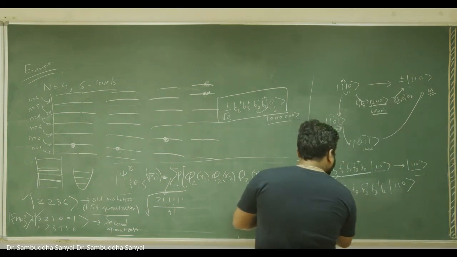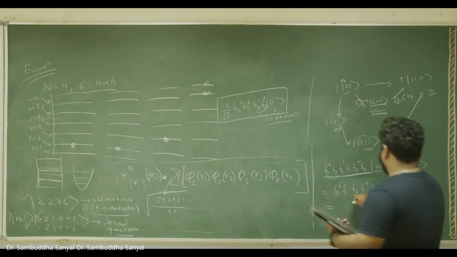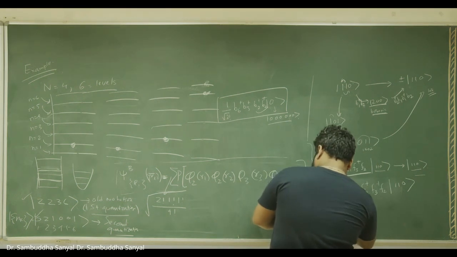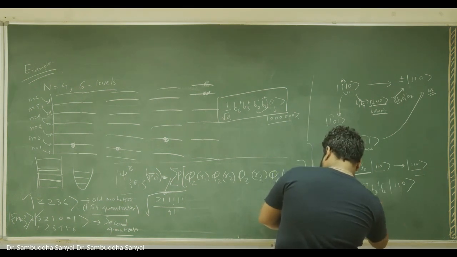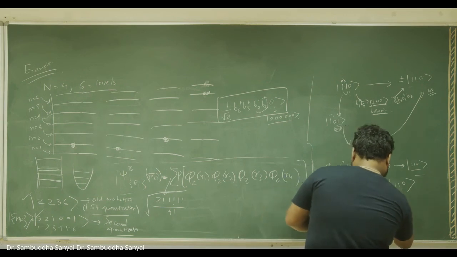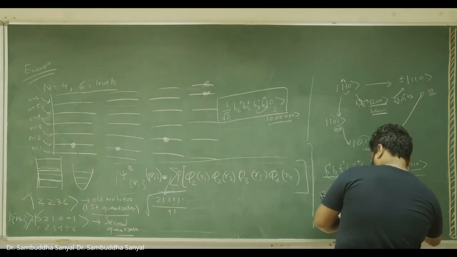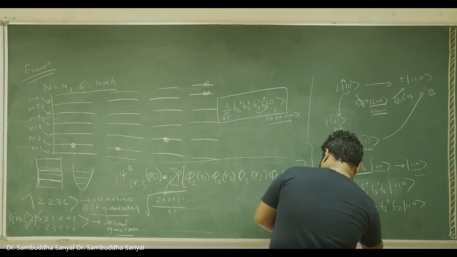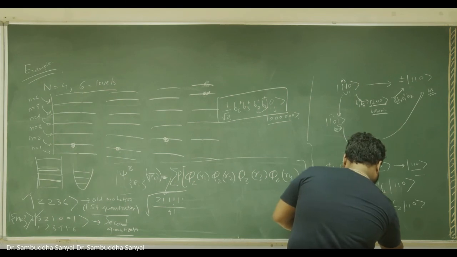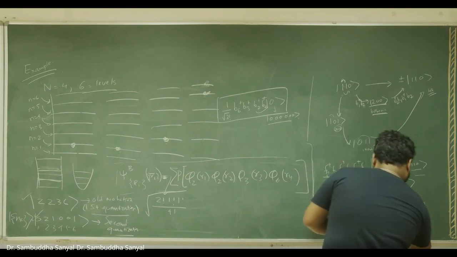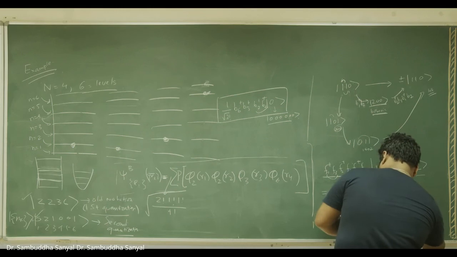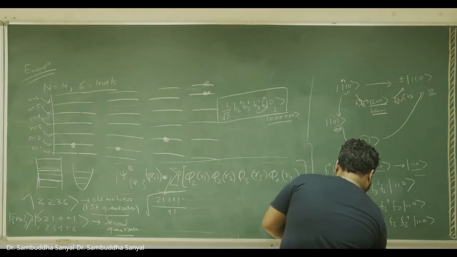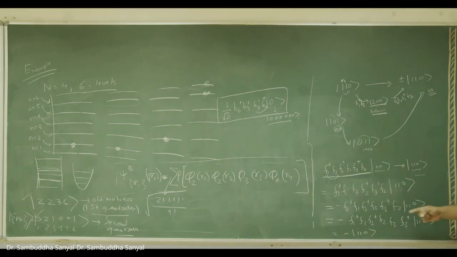Okay. So now let's do another shuffle. Let's take this f3 here and f2 here. So then what I get, minus... Okay, so what did I do here?